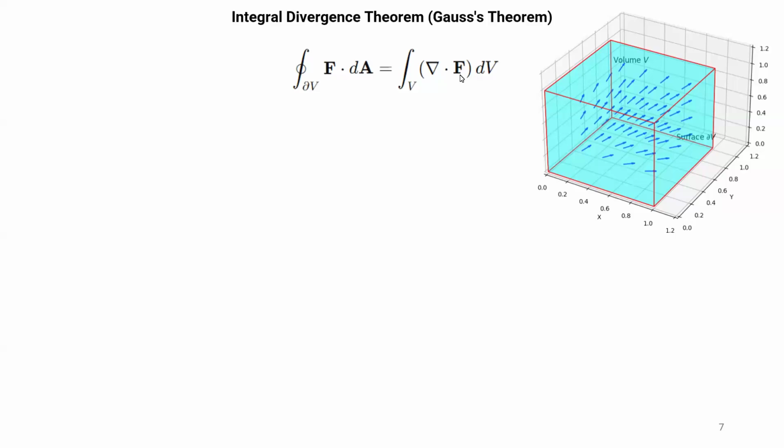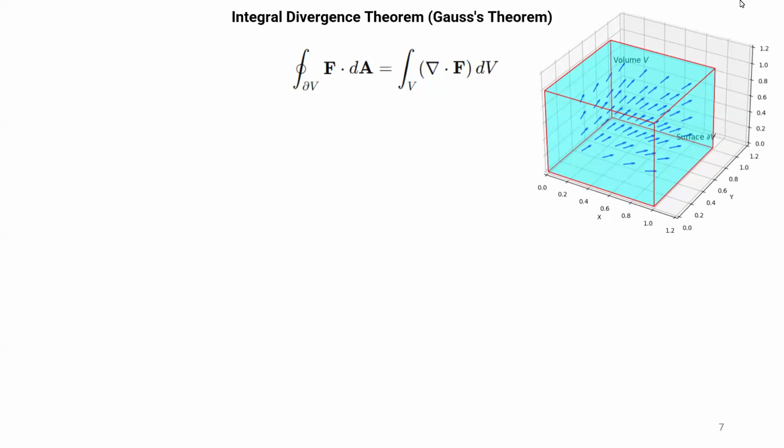Okay, so the physical meaning is very simple. Since in a vector field some vectors go into this volume, some go out from this volume. If the volume doesn't contain any source, recall divergence describes the sources and their power, right? So if no source, then the number of vector lines that go in equals the number of vector lines that go out.